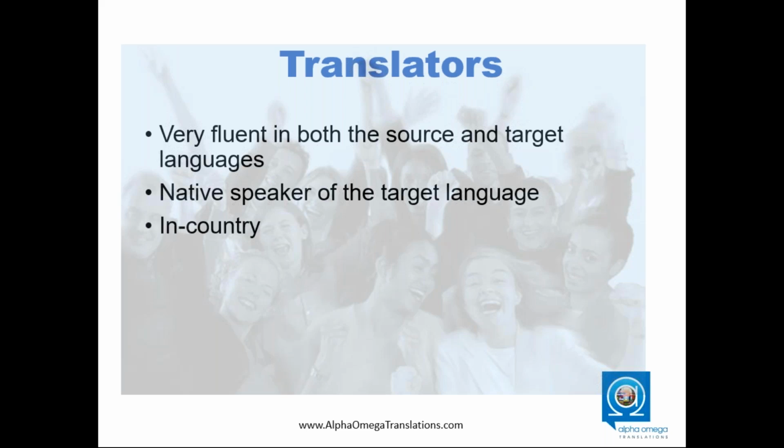Now, the difference between the native speaker and the really excellent second language speaker is the cultural undertone, the unspoken, the almost unconscious thing that only somebody who grew up in a culture would recognize. And even then, it might not be a conscious recognition. These nuances are critical to accurate translation, especially in literary translation and interpretation.